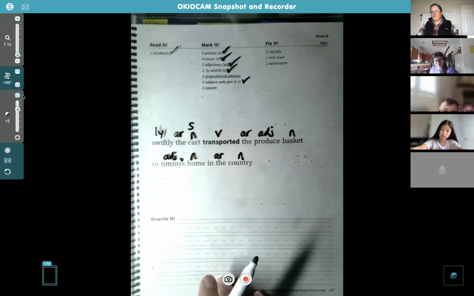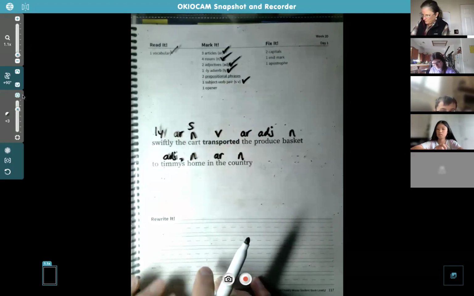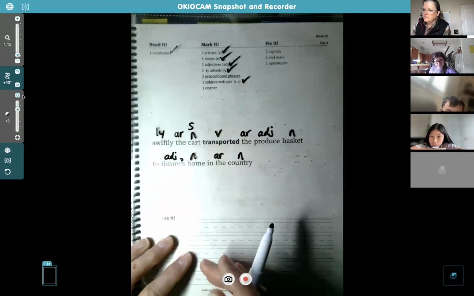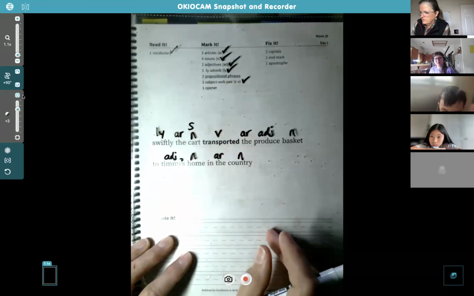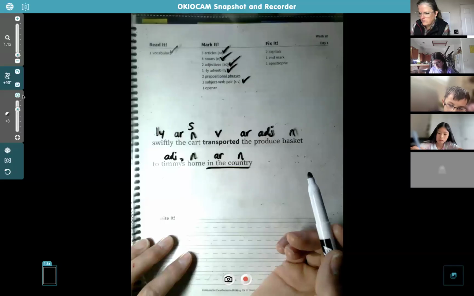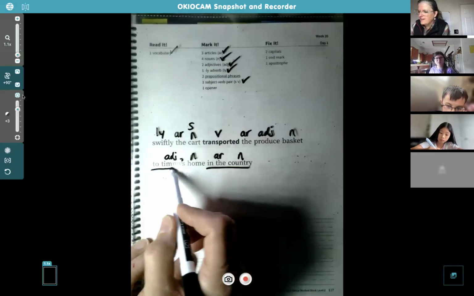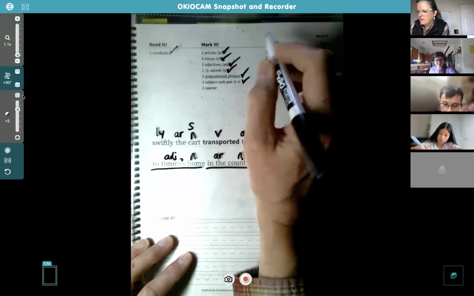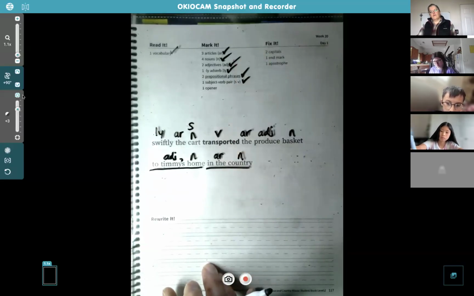All right. Megan, what about the prepositional phrases? There's two of those in here. In the country. Good. That's one. To Timmy's home. Good. Nice. They're back to back right there. Awesome. And then London, what is the opener we have then?